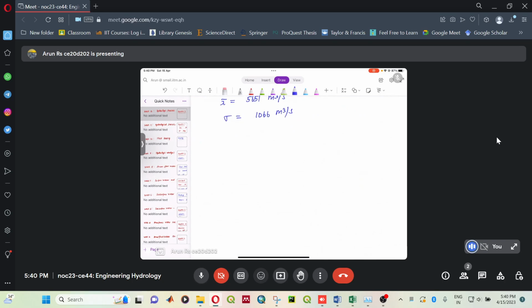So if it follows Gumbel's distribution, we need to determine the corresponding xt value for the return period of 80 years. For that we need to find out the Gumbel's parameters alpha and beta.